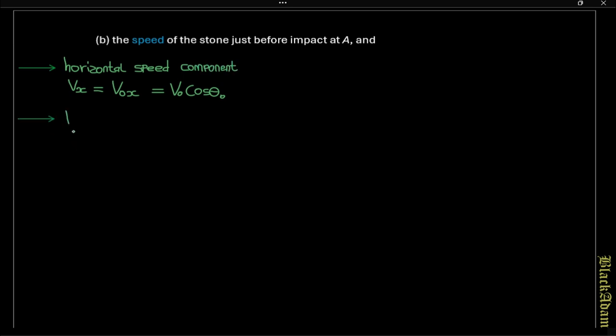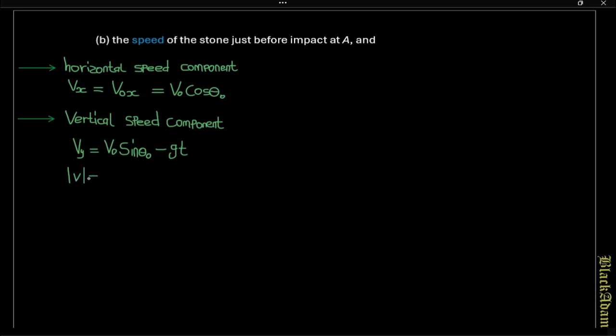And then we have the vertical speed. Remember, the vertical has the impact of gravitational acceleration, so the vertical speed Vy is going to be our initial speed multiplied by sine theta, minus g multiplied by t. Remember, g times t gives you velocity.